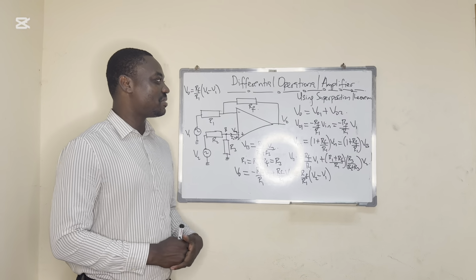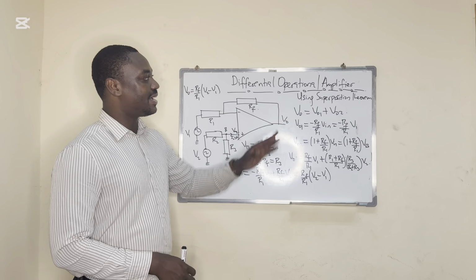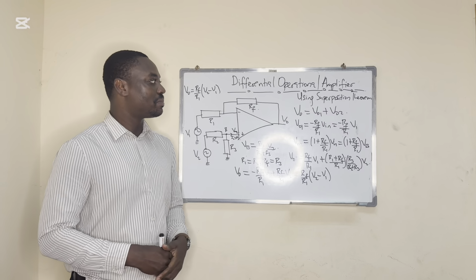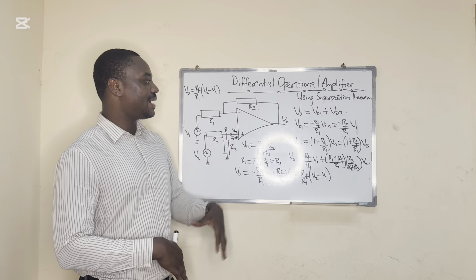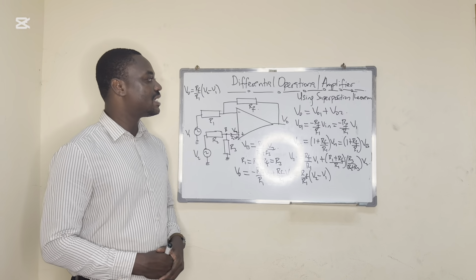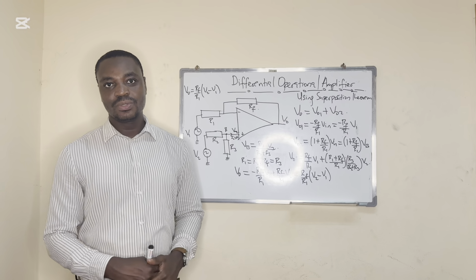regarding operational amplifiers. We'll be talking about another type of operational amplifier, which is the differential operational amplifier. As the name implies, this is used to find the difference between two input signals.